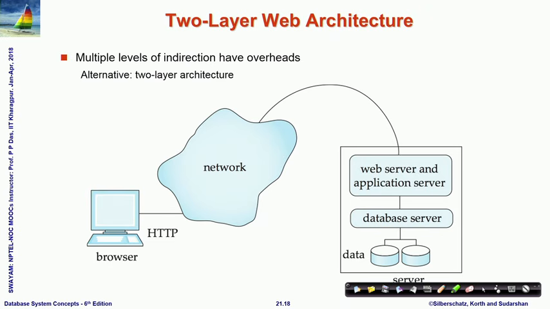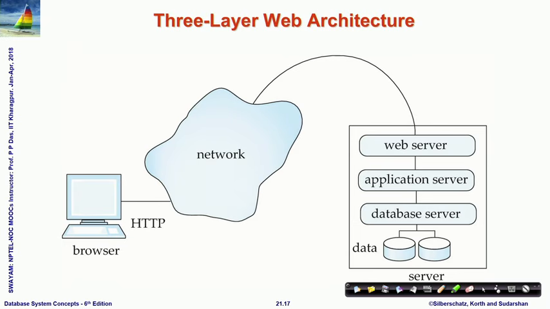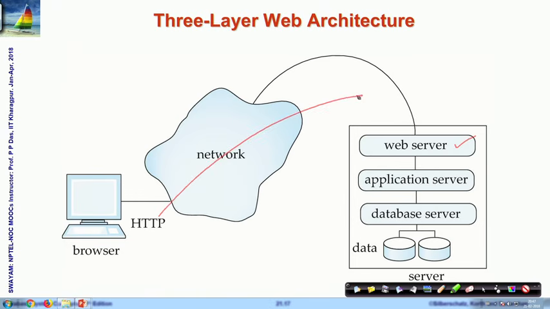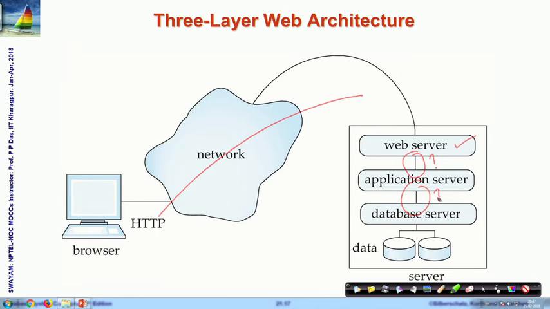The reason we do that, and I will just take you back to the 3 layer view. If we have the web server and we have this connection, this is clear. Now, the question is what is this connection and what is this connection? Is it necessary that they will have to be on the same server physically, or can they be on different servers? Servers could be connected through a LAN, or they themselves could be on different servers over the internet, and they may be connected through the internet.